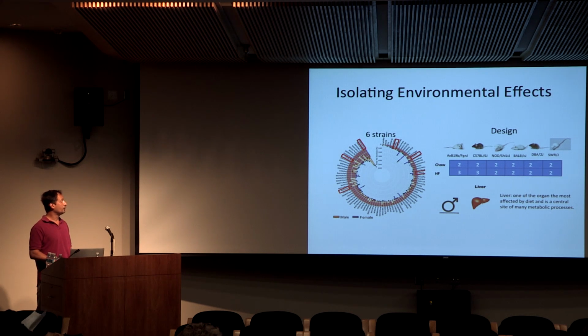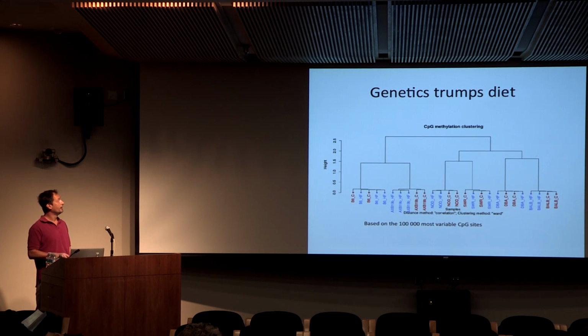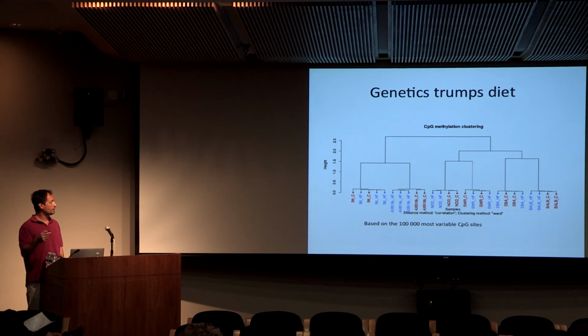So the first thing to note is that within the system, the genetics trumps the epigenetics. So in this case, we profiled 6 different strains. And again, these strains are fed different diets. So there's the chow diet in red and the high-fat diet in blue. And if you cluster this data, so we typically measure on the order of several 100,000 CpG sites within these genomes.